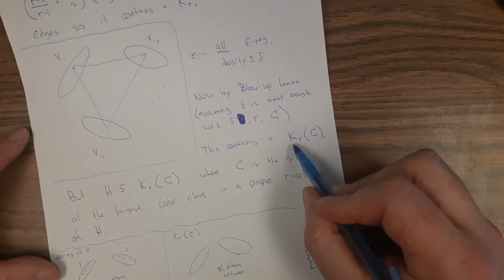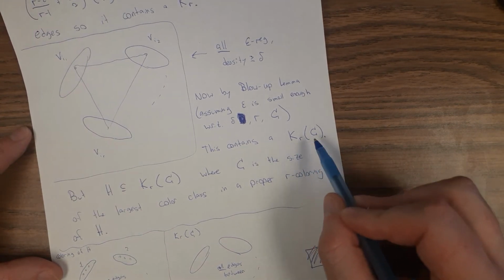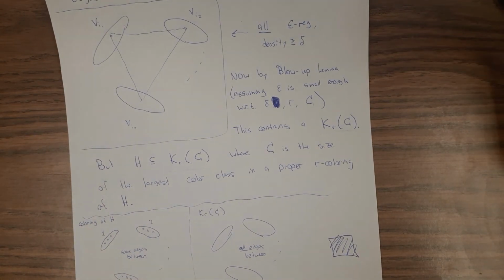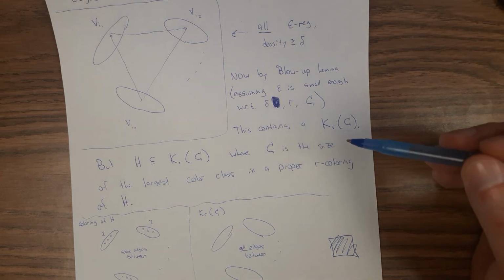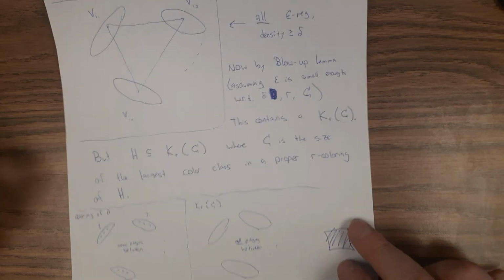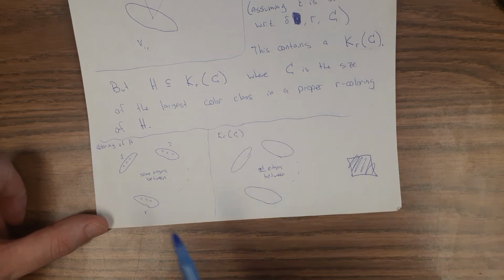So why am I talking about how it contains this as a subgraph? It's because this contains H, at least for a specific value of C. And I'm claiming that C is just the size of the largest color class in a proper r-coloring of H. And that's not too hard to see if you think about it.